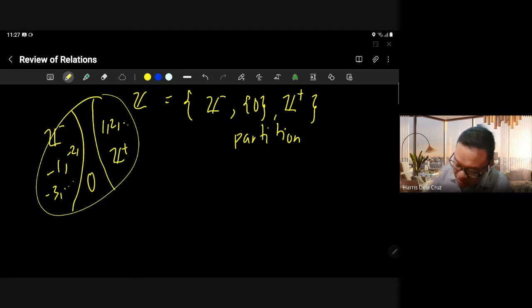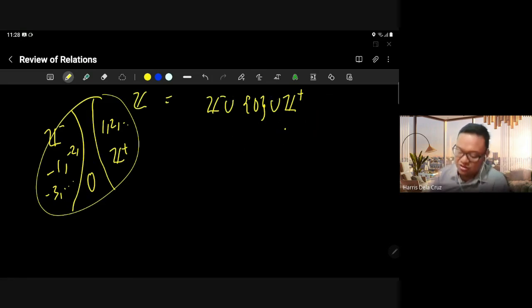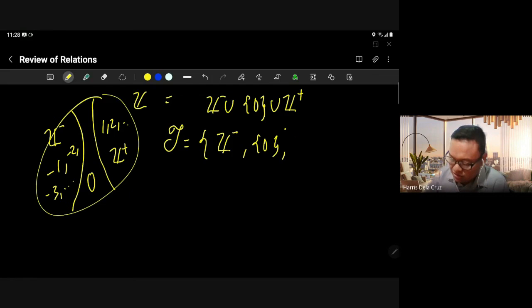So, let's call this partition T, the union of Z minus, 0, and Z plus. Yan yung T. So, yung partition ay yung elements niya, yung mga subset na yan. Yung Z negative, yung 0, tsaka yung Z positive. Okay? Yan. Okay. So, this is a partition.